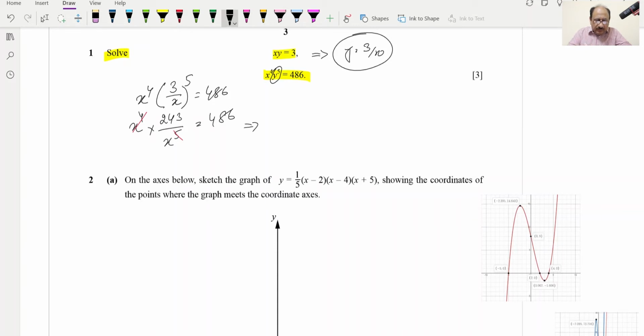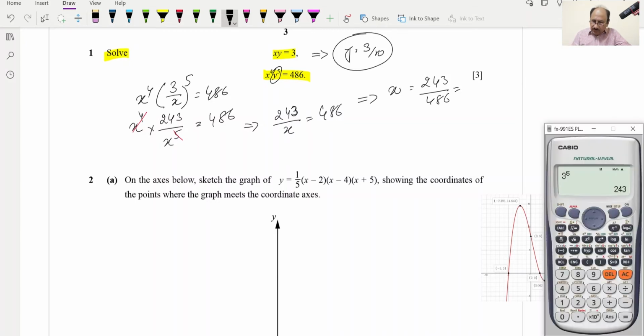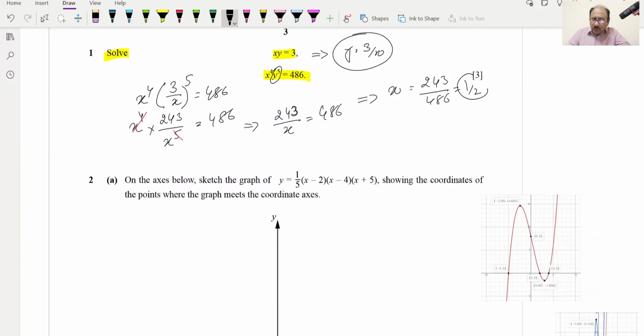This implies 243 over x is equal to 486, and this implies x is equal to 243 over 486. We can check with the calculator, fraction 243 over 486, and this is equal to 1 by 2 or 0.5.